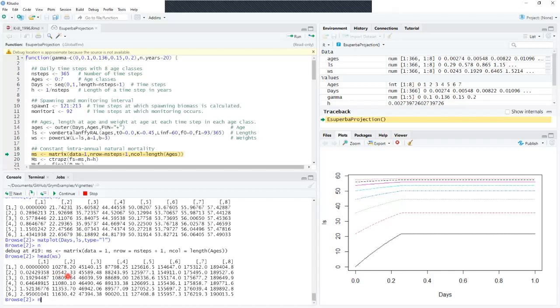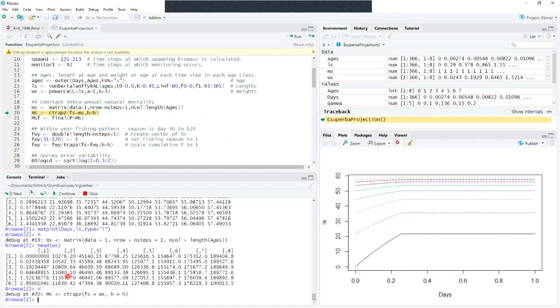perhaps next, we should look at the matrix of Ms. Now, this is the matrix of Ms, and you can see it's 1 to 366, 1 to the number of time steps, remembering that we have one extra because the time steps straddle the days, and there's 1 to 8 age classes. And you see this is just a matrix of ones.